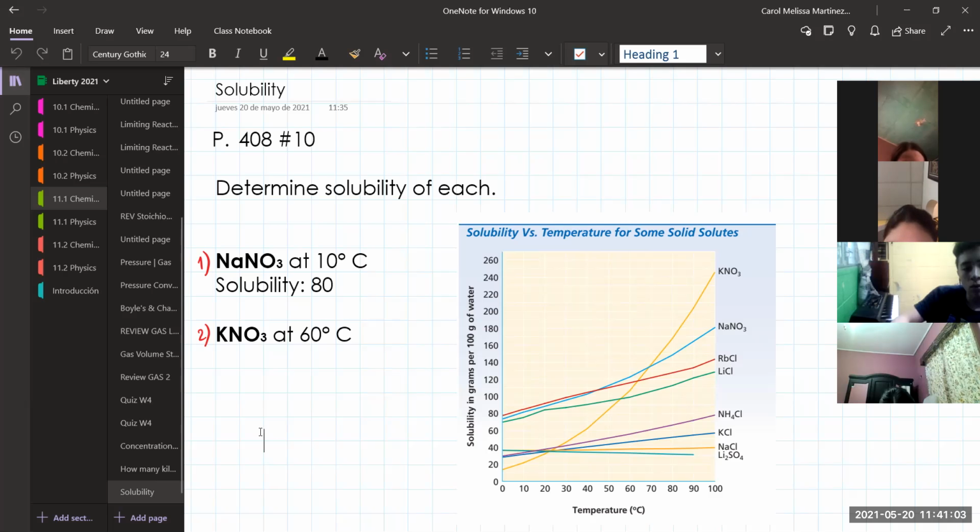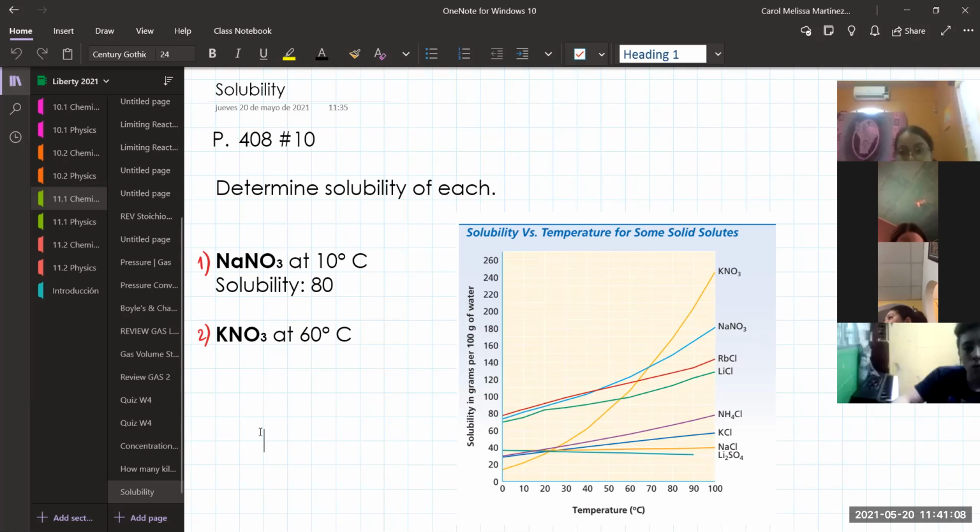Yellow. So it's this one right here, because it's yellow. It's this graph over there, okay?